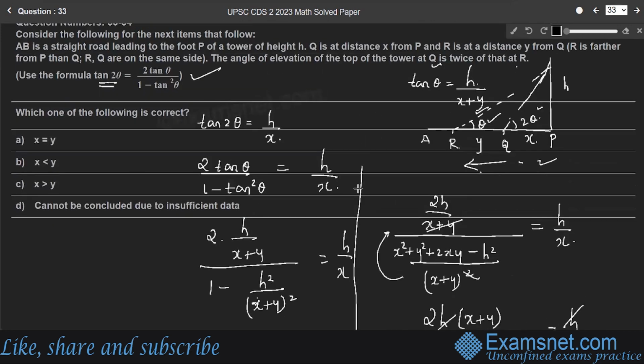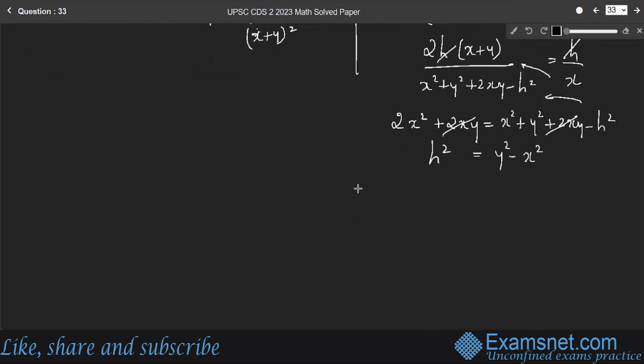What is h here according to the question? H is the height of the tower, right? So the square of the height of the tower is this much. That means y square is greater than x square. So that means y should be greater than x, right?